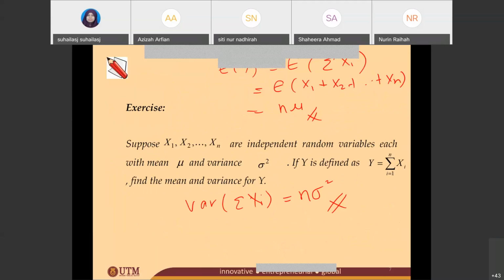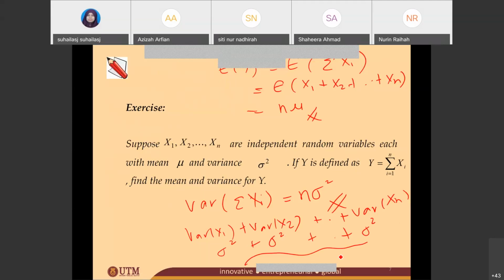So split kan properties dia. Properties for variance. Variance X1 plus variance X2, sampailah kita ada variance Xn. So dia ada n term. So variance X1 sigma square, sampailah sini pun sigma square. So berapa term semua ni? So kita ada n term. So that's why you get n sigma square.